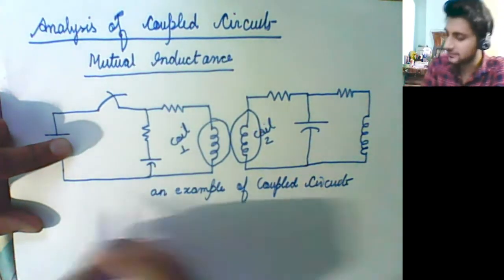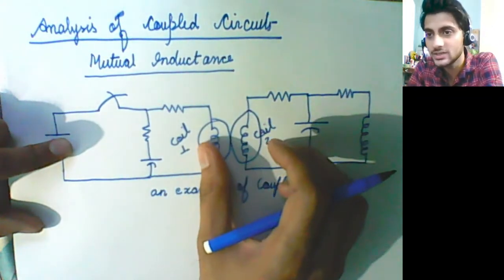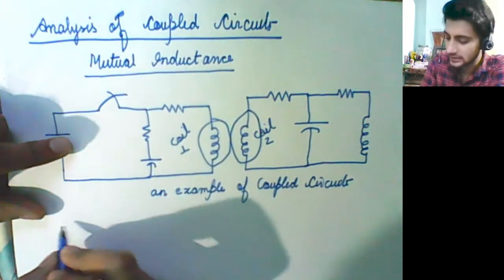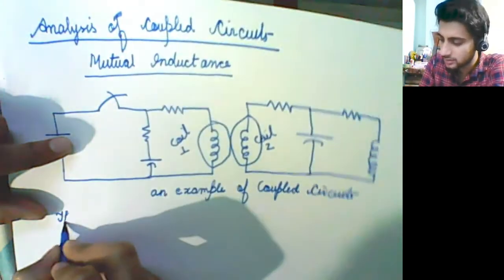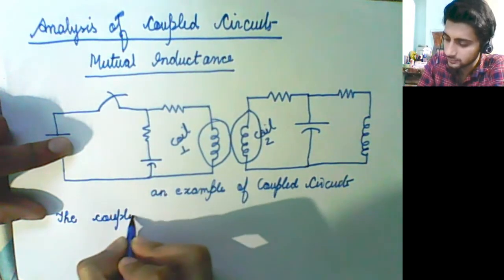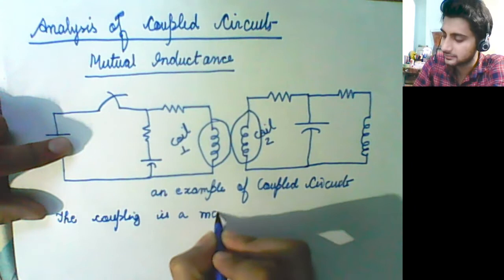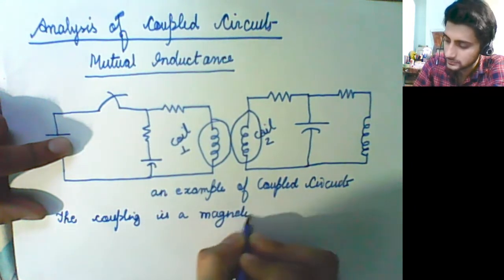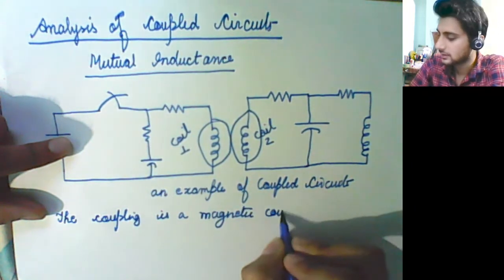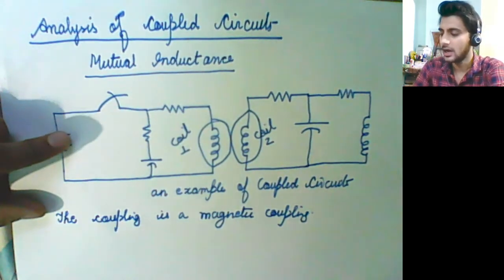Okay, and which type of coupling is this? When we place two coils near each other, the coupling is a magnetic coupling.